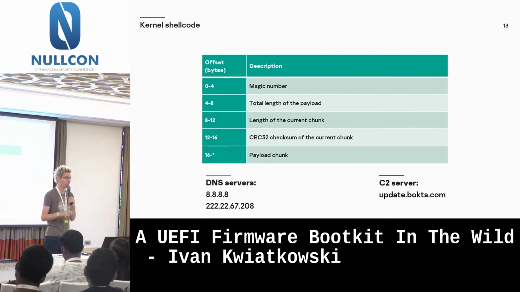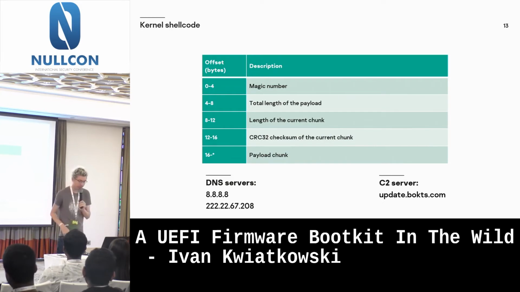But overall, they find the IP address of their C2 server, which is hard-coded. I think it's here, update.boct.com. And then they try to send a magic packet to that server, preferably over UDP, but if it's not available, then through TCP.